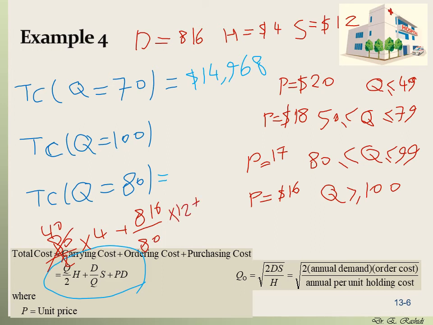PD is the price for 80, which is 17. So that's 17 multiplied by demand, 816. If you do this math, this is going to be $14,154.